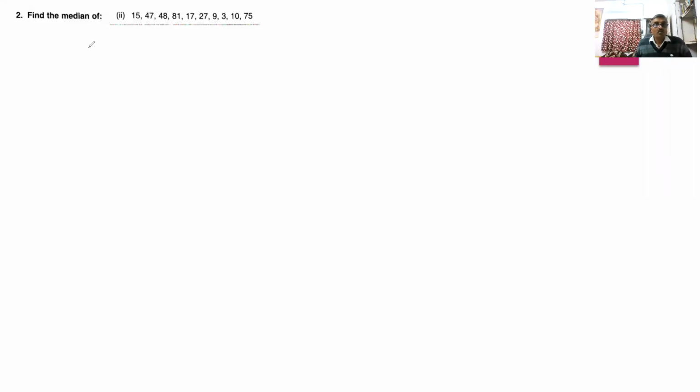Find the median of 15, 47, 48, 81, 17, 27, 9, 3, 10, and 75. Arrange them in ascending order. Solution. Arrange the given observations in ascending order.